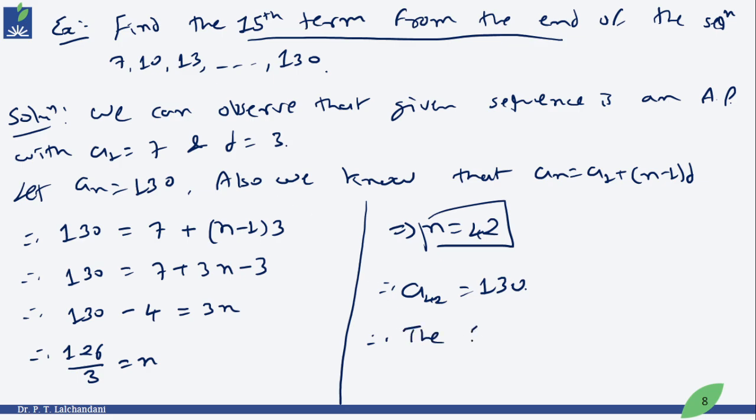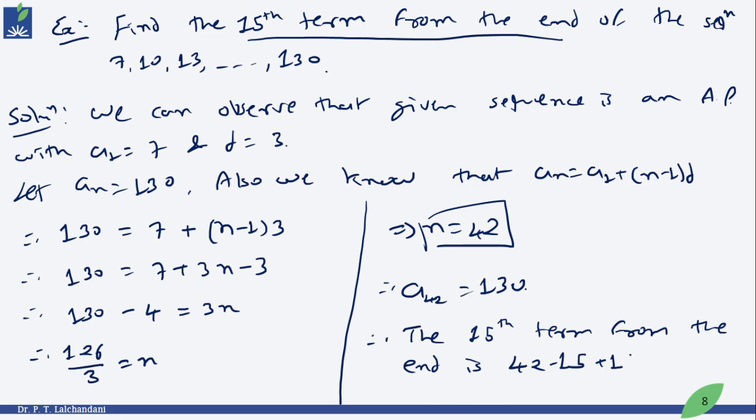The 15th term from the end is 42 minus 15 plus 1, because if you don't add plus 1, then it will be the 16th term from last.